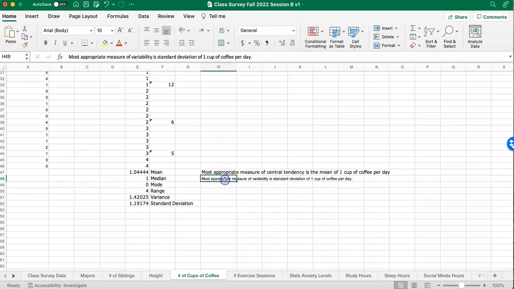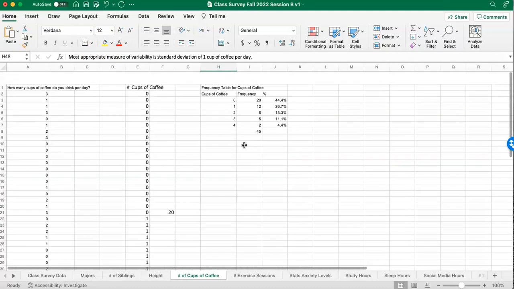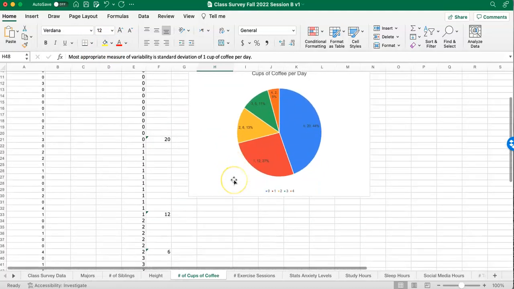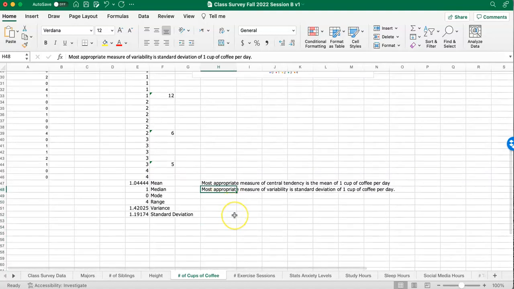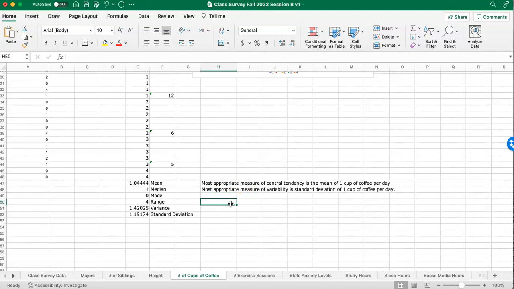The reason why it's 1 and why I'm not putting 1.2 is because this is a discrete variable. Remember that cups of coffee was a discrete variable, and so we can't have fractions. When we report the data, we need to report it as a whole number. So there we go. Those are the most appropriate measures of central tendency and variability.